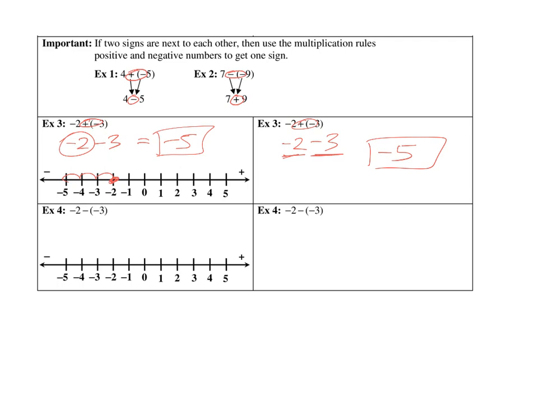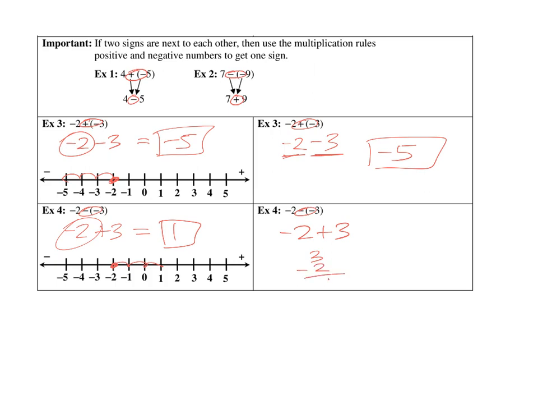All right, and then here I have negative times negative. That's positive. I'm going to start off at -2, and I'm adding 3. 1, 2, 3. All right, so I end up with 1. And here I'm going to use negative times negative. That's positive. All right, so here once again I have different signs. I'm going to subtract the numbers.